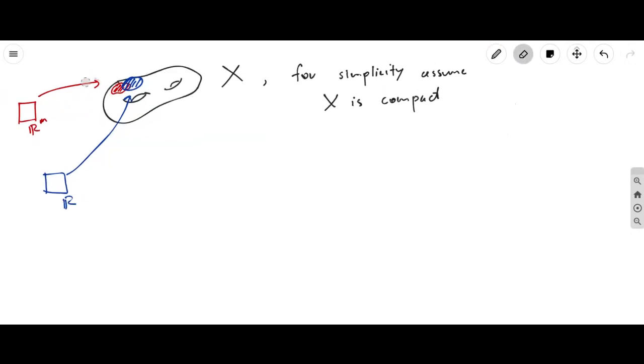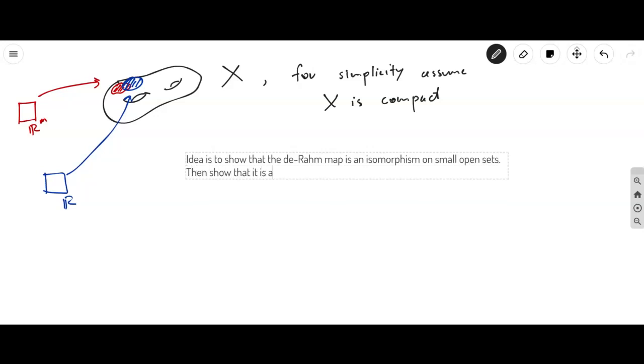So you cover it like this, and then the idea is to show that the de Rham map is an isomorphism on small open sets, and then show that it is an isomorphism on the union as well.